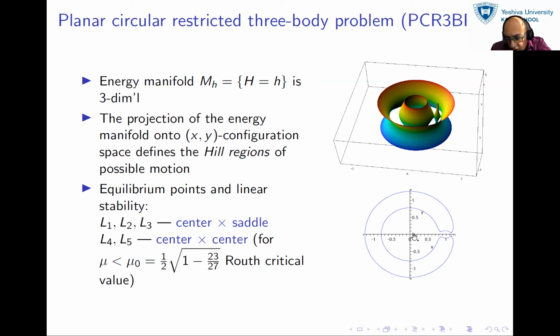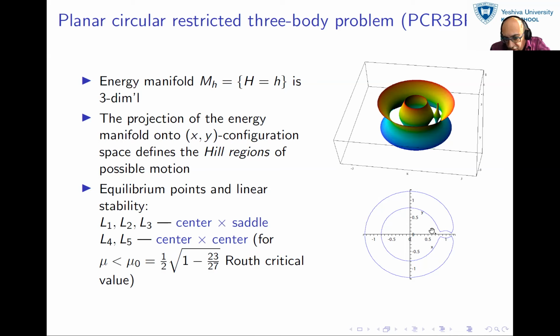Hill region means that maybe the Earth is around 0, and the moon is around here, and the spacecraft is allowed to move around the Earth. I hope that you see the motion with my mouse. It can move around the moon. It can get out of this region and move around, but it cannot get into this thing that looks like a pretzel that someone took a bite of.